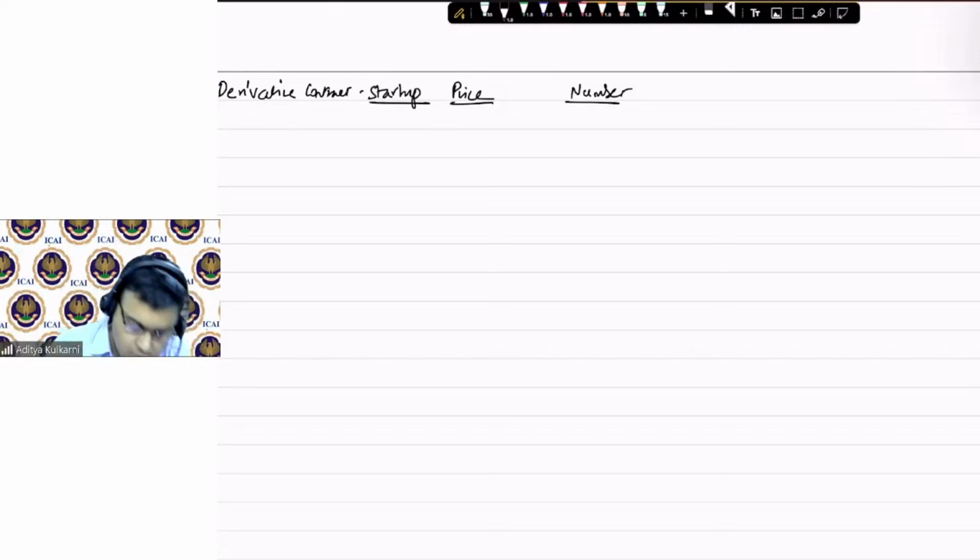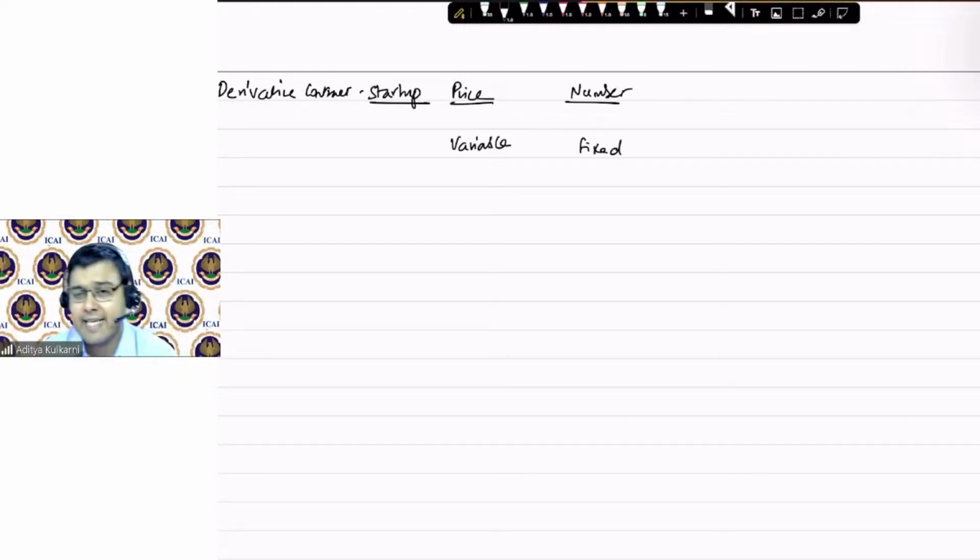So now price is variable. Number could be fixed. This is my second case. 35% equity shares in issue or these many shares. But the pricing will change depending on the ultimate value that the private equity wants. So this is exhibiting a financial liability feature.